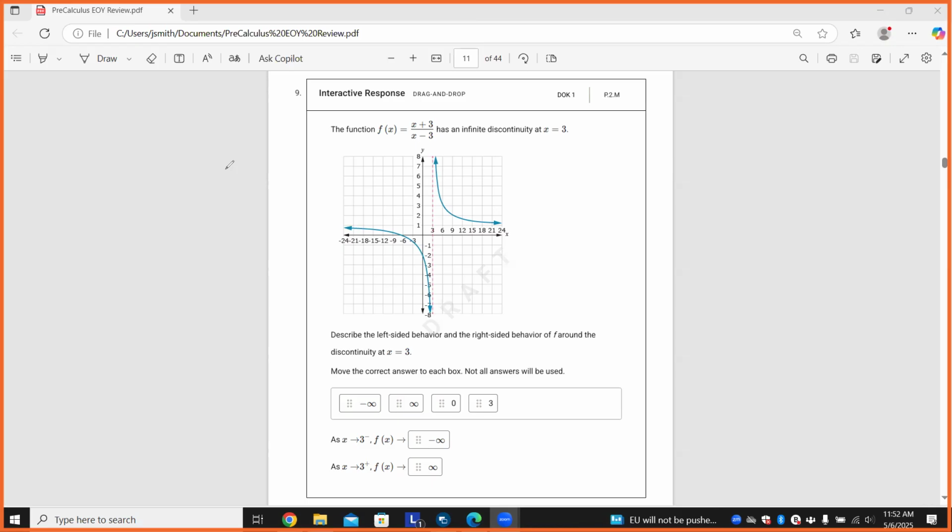Discontinuities. You can have what we call an asymptote, where the graphs are kind of going in two different directions. There are holes as well, which your calculator will not show.